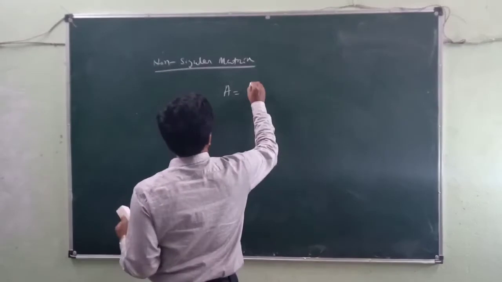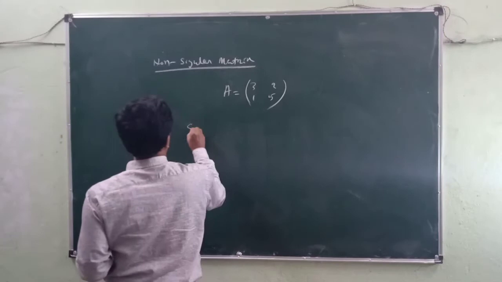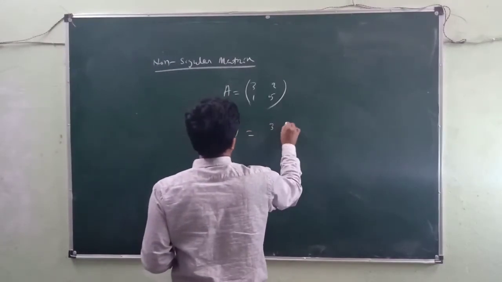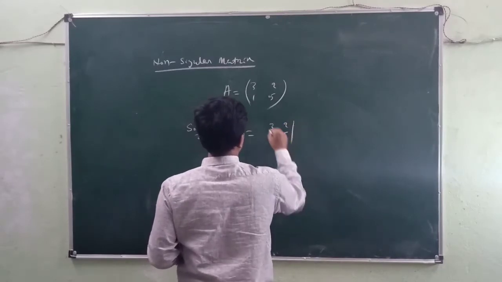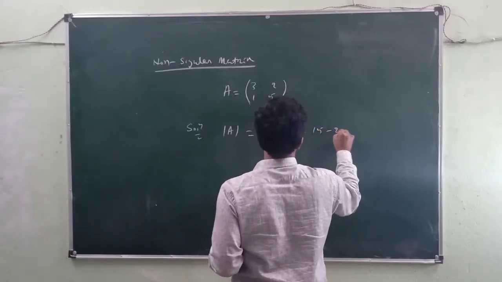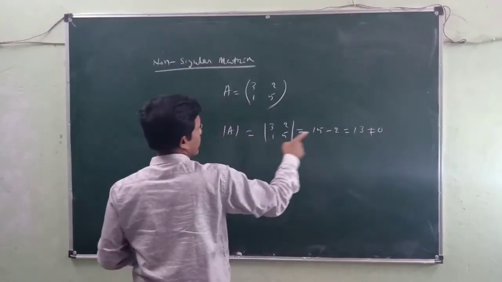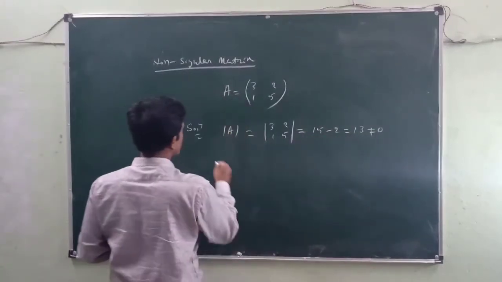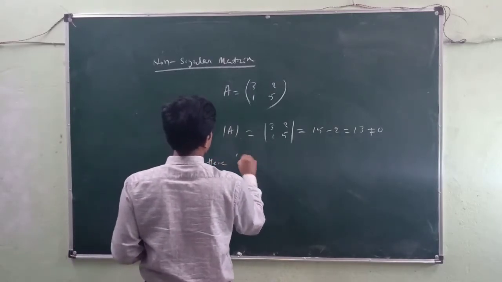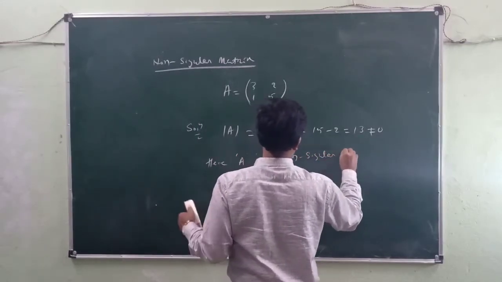Suppose I write here 3, 2, 1, 5. Now look in your solution, what is the determinant of A? It equals the determinant of 3, 2, 1, 5. It will be 15 minus 2, which equals 13, not equal to 0. That means the determinant value of A is not equal to 0. So here A is a non-singular matrix.